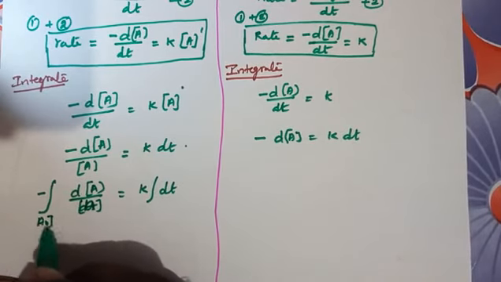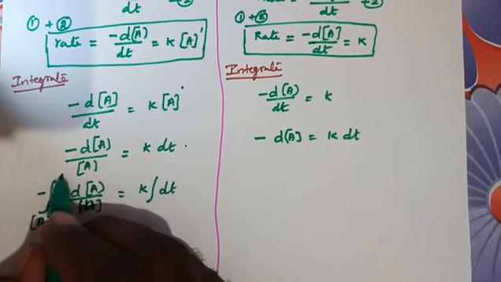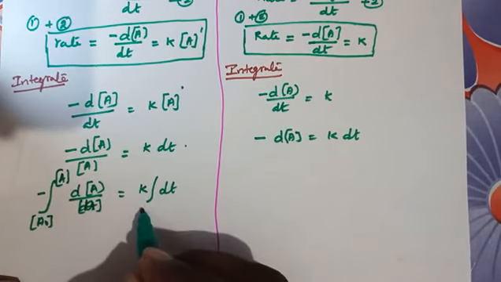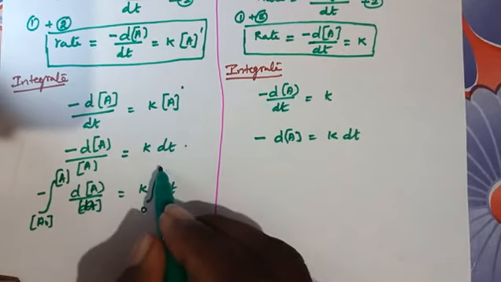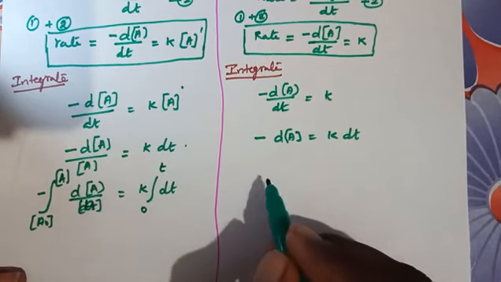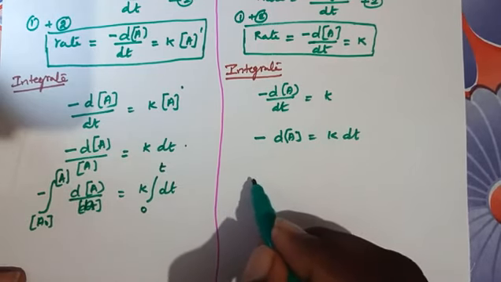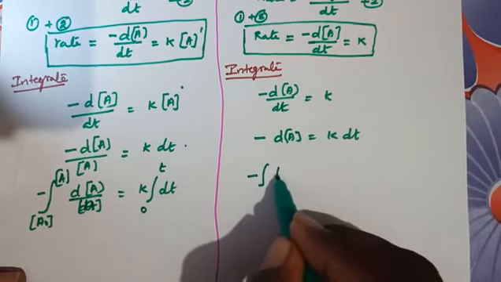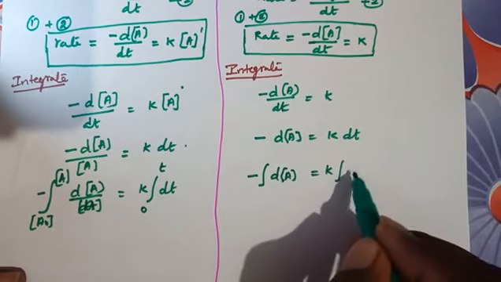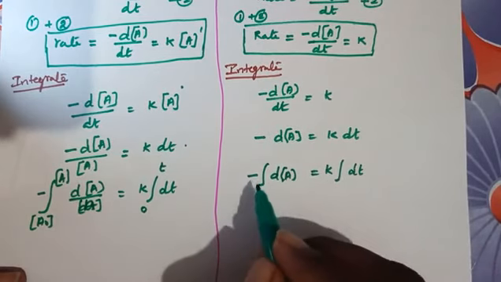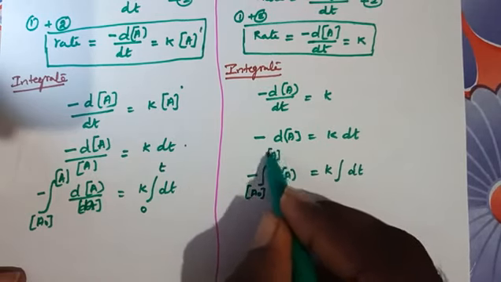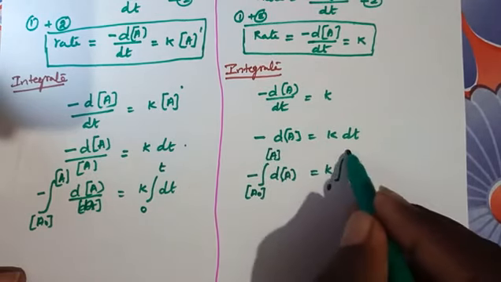Initially the concentration is A naught and the final concentration is A. Similarly, the initial time is 0 and the final time is t. The same conditions should be applied to the zeroth order reaction also. So minus integration of d concentration A is equal to k into integration of dt, with limits of A naught to A for concentration and 0 to t for time.